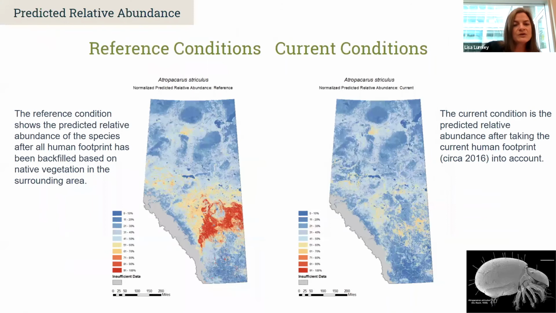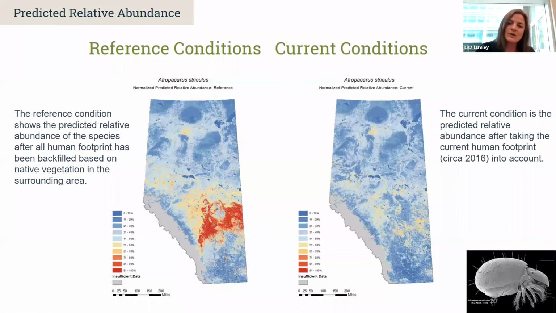We also have information on their predicted reference conditions. So if we backfill the province with the natural habitat that was there before humans came along, for the pink box mite, it was at higher levels, particularly in the Parkland region, in comparison to the current conditions.